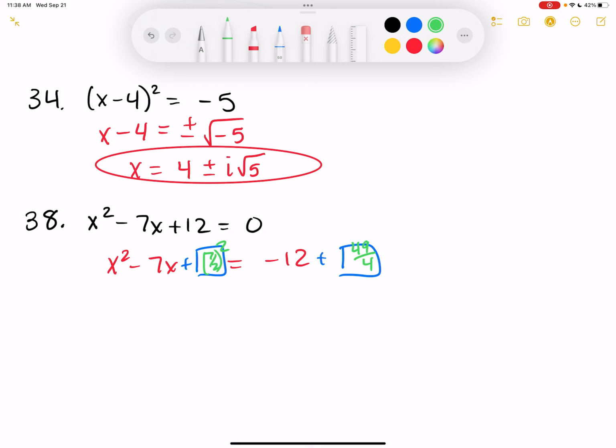What does step 4 say? Step 4. Factor as a perfect square trinomial. Combine like terms. So a perfect square trinomial would say that this side factors into what?